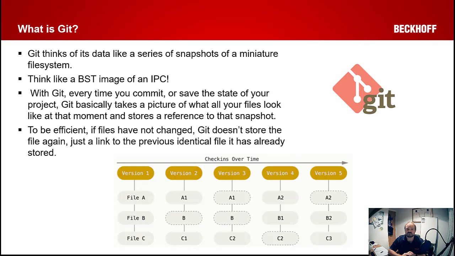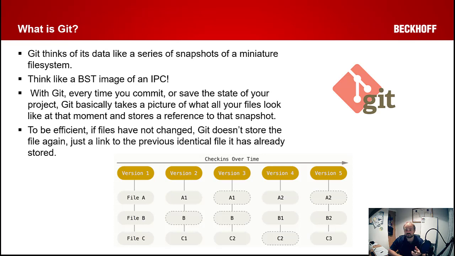And that is what Git is. If you've ever heard of this name, it effectively is a distributed version control system that allows you to take snapshots of your project as you develop the code. Okay. Now you can think of it like a BST image.